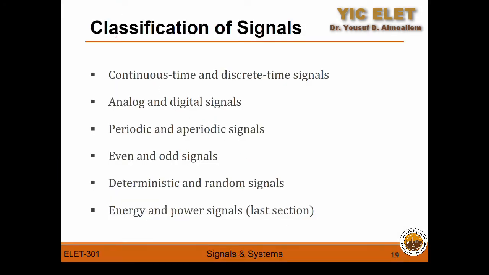Now, when we talk about signal classification, there are different perspectives that we can go through, like continuous and discrete time signals, analog or digital, periodic, aperiodic, even, odd, deterministic and random, energy and power. This last one will be discussed not in this video, but in a separate video at the end of this module.